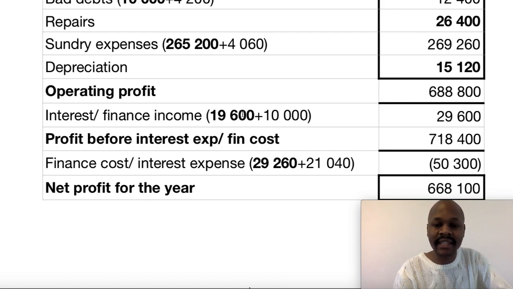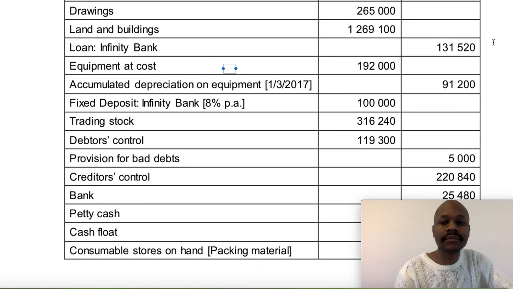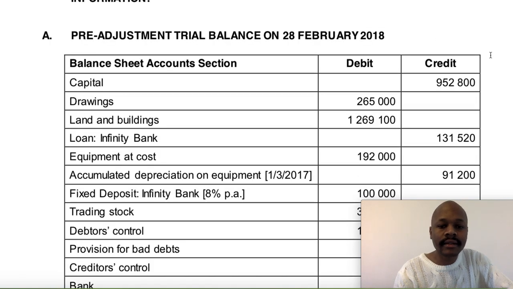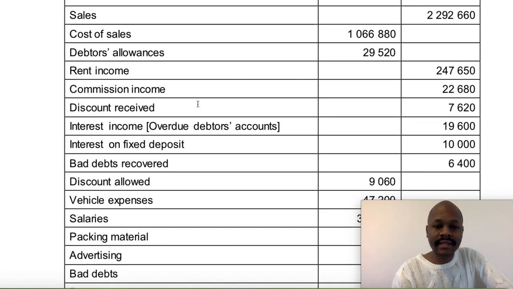Interest income, we are given 19,600. Let's go to our pre-adjustment trial balance to check where they got the 10,000 from. Your interest there, they say interest income, overdue debtors accounts. You charged interest to debtors who paid late. You penalize them. So 19,600 we are given there, and they say interest on fixed deposit. You went to the bank, invested your money, they paid you interest.